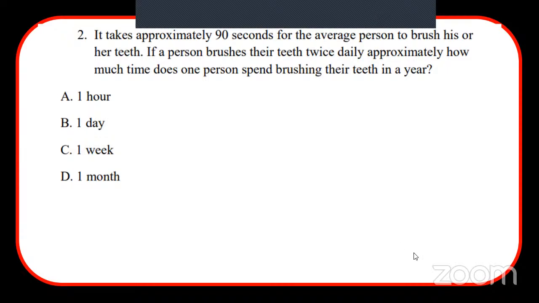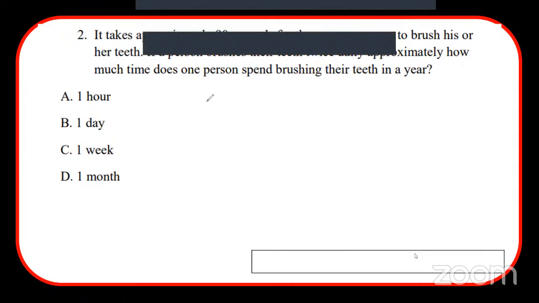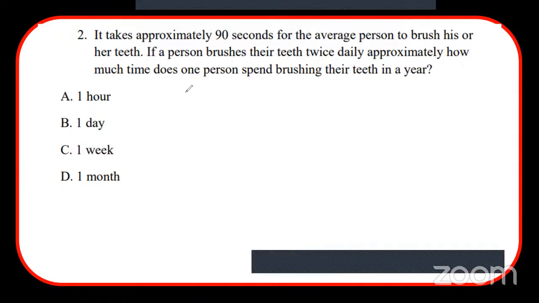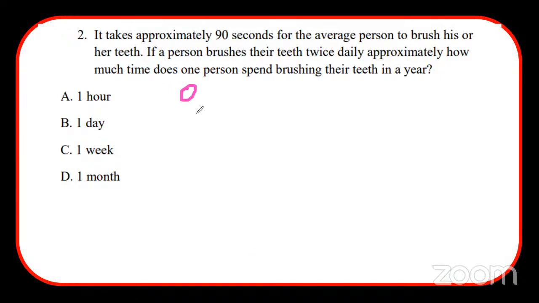Someone had calculated that before and they said that okay, 90 seconds times 2 because it's twice daily gives us 180 seconds for the day. And he went ahead and he rounded off that to say 180 seconds is the same as 3 minutes.